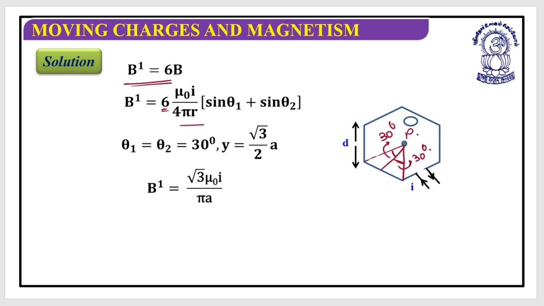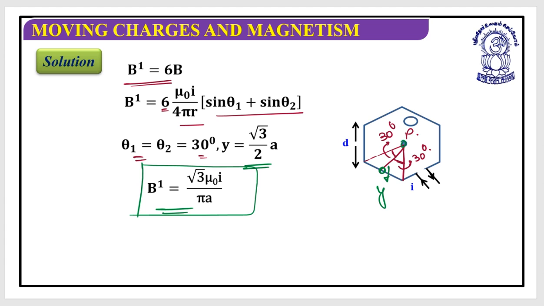It's mu naught I by 4 pi r multiplied by sine theta 1 plus sine theta 2, and theta 1 and theta 2 equal 30 degrees, and now you can easily calculate this y as well. According to trigonometry, y is equal to root 3 by 2 into a, and thus B net would be root 3 times mu naught I divided by pi a. Is it clear?